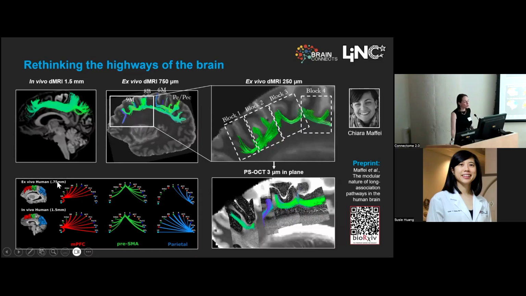Whereas when you go to the high resolution that we can reach ex vivo, as you'll see now, we're down to 400 micron ex vivo, some of these longer range connections disappear. And so this is where the comparison with the histological ground truth becomes critical.